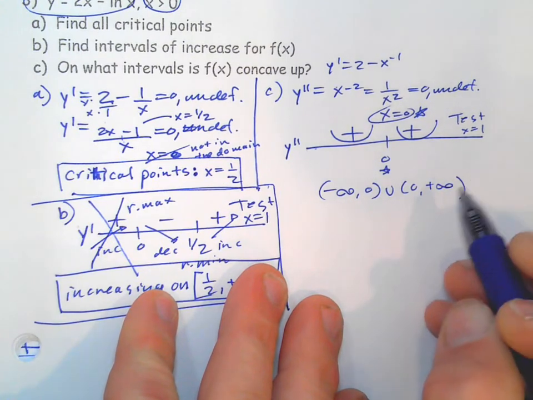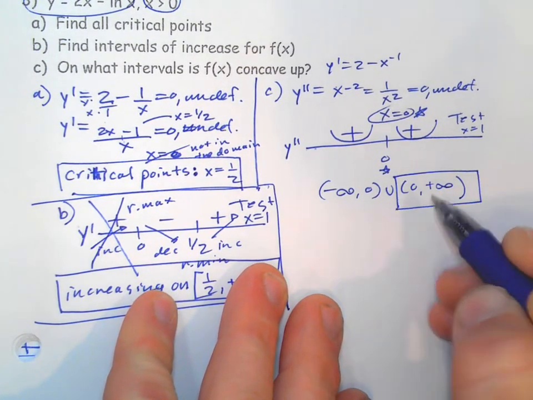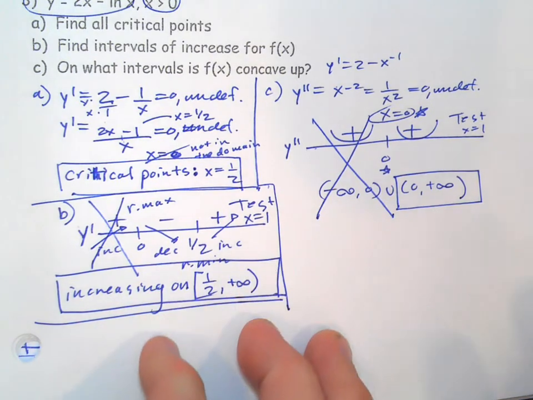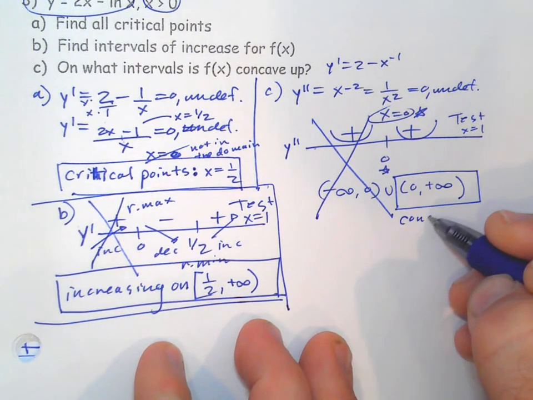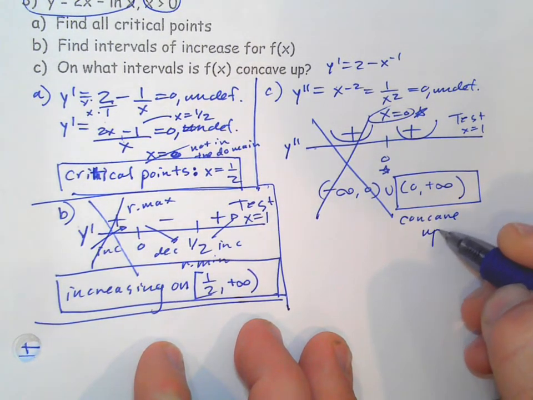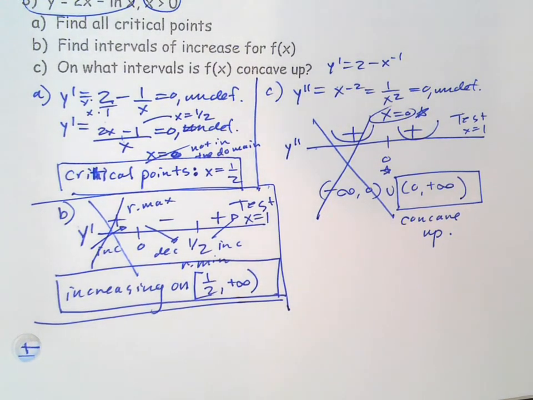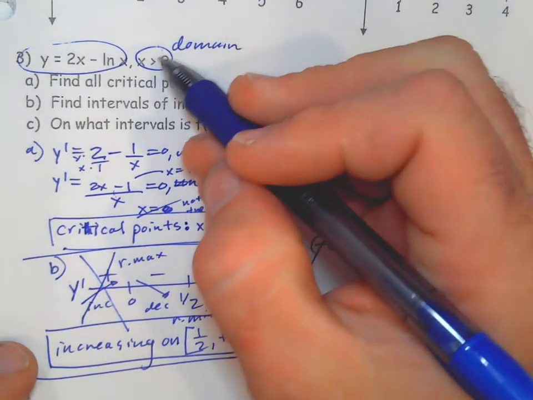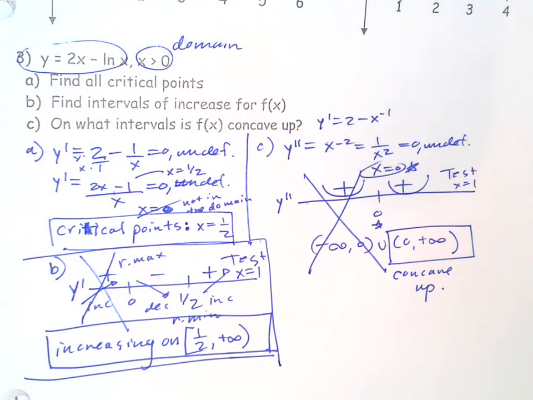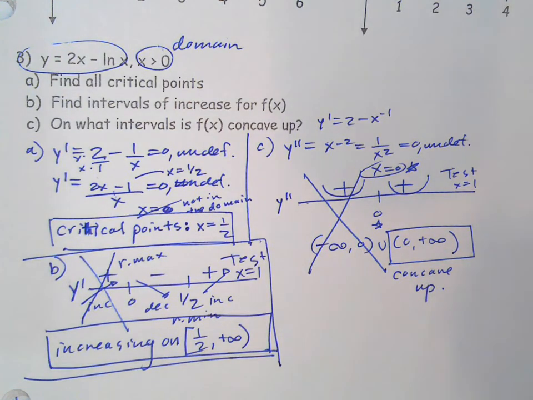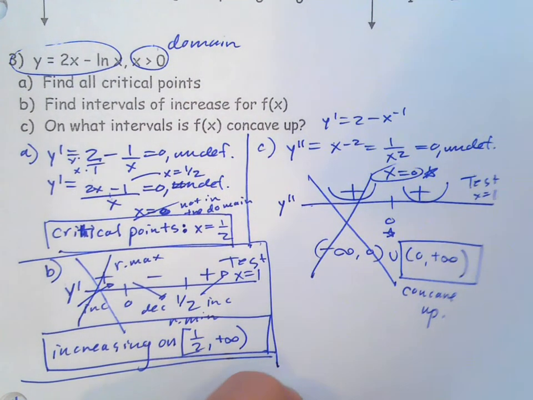But because of the domain, we're only going to give that answer. That's when it's concave up. So keep an eye out for domain. Even if they didn't tell you the domain of the original problem, you should have caught it because that's the domain of those functions. That's it for the warm-up.